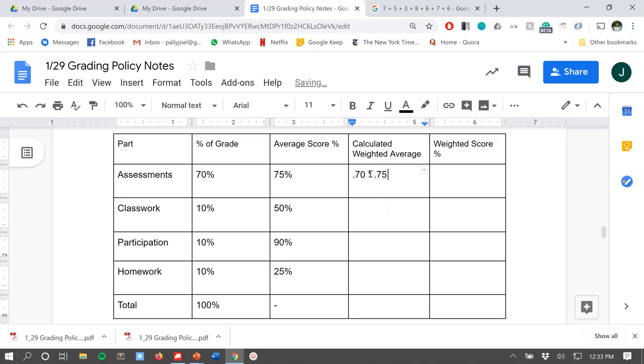So we're going to be multiplying those 2 numbers right there. 0.7 times 0.75 comes out to 0.525. So we're going to put that right here, 0.525.